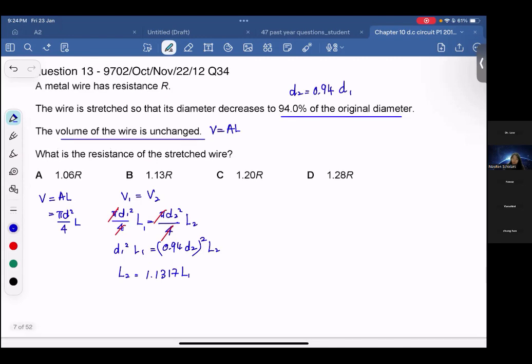Washini, correct. Good job. The rest of you also try, dear. Resistance for the stretch wire.